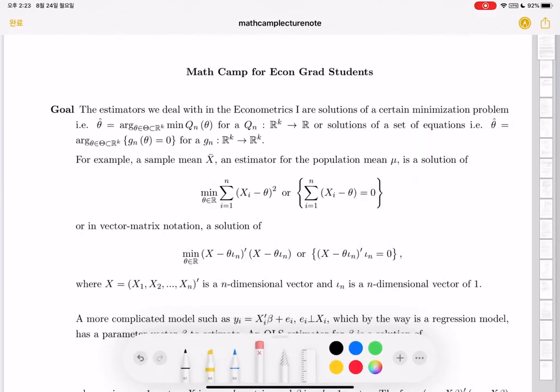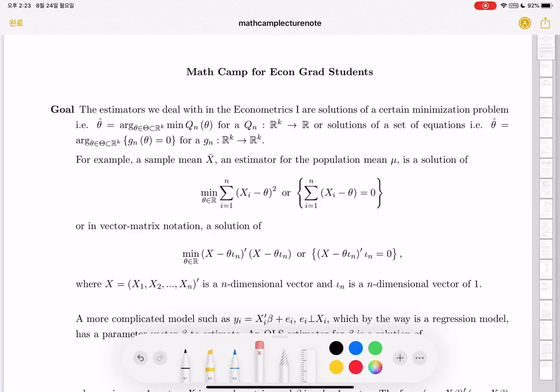Okay, so for the course, basically you are going to learn how to derive OLS estimators for linear regression coefficients and their statistical properties.